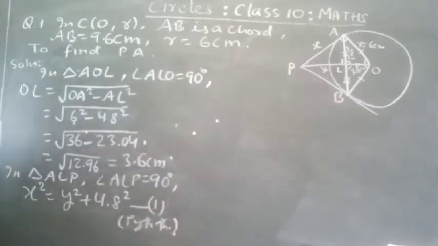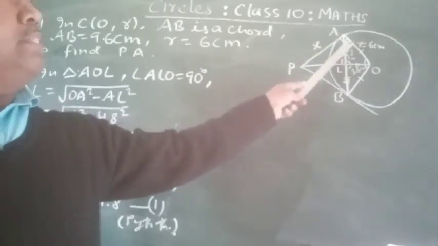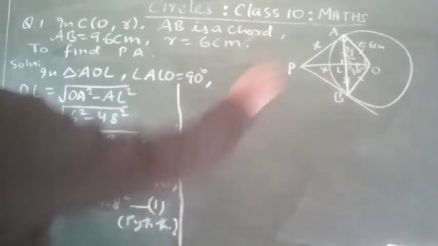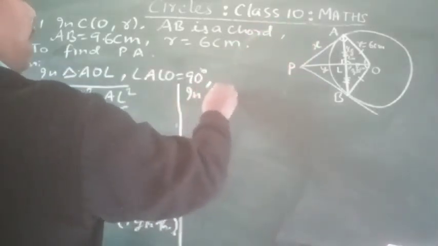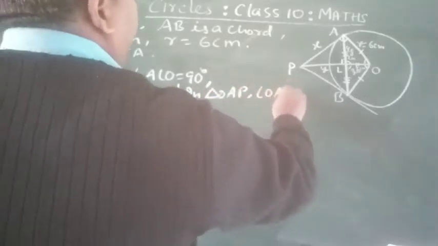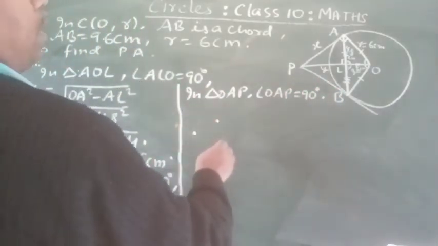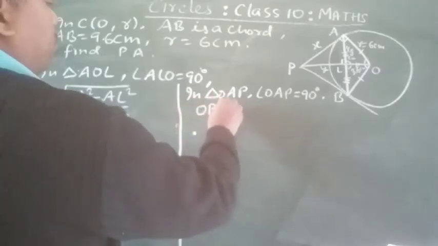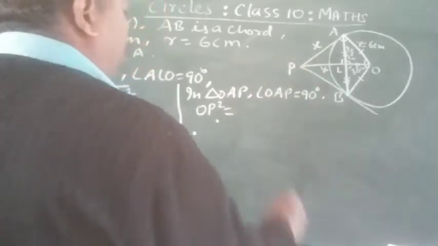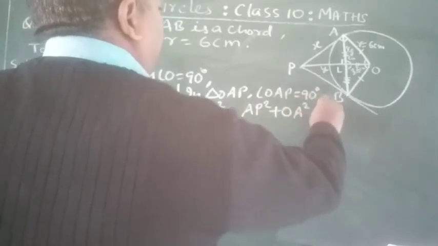Now look at this. AP is a tangent and OA is a radius, so here also it is 90 degrees. In triangle OAP, angle OAP will be 90 degrees. Now OP square equal to AP square plus OA square, Pythagoras theorem.